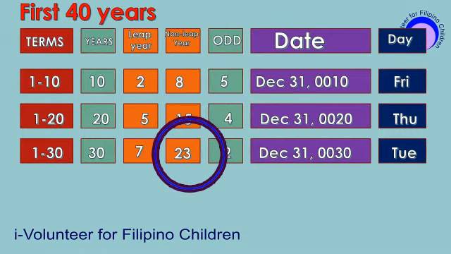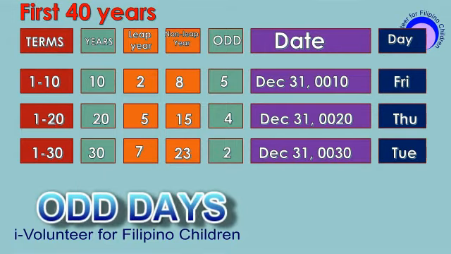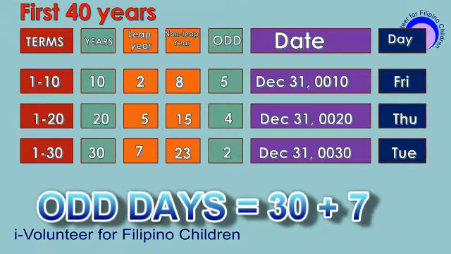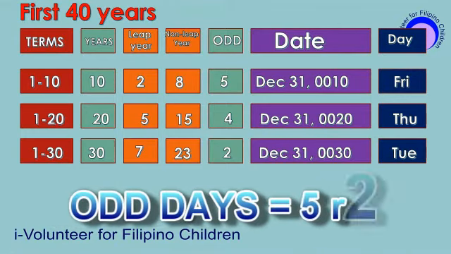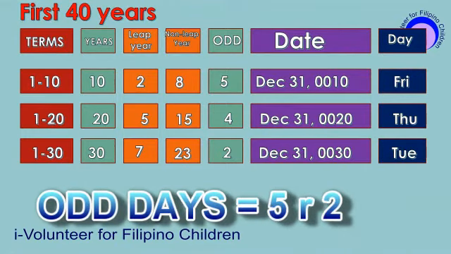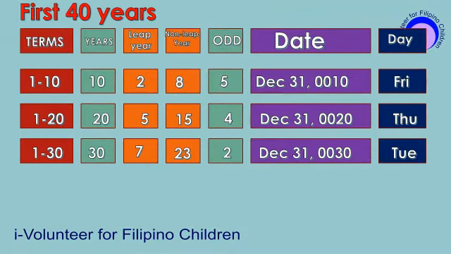That becomes the number of non-leap years for the period of 30 years. Total number of odd days can also be found by getting the total number of years plus the total number of leap years. Now we are going to divide 35 by 7 to get 5, remainder 2. Odd day 2 corresponds to Tuesday.